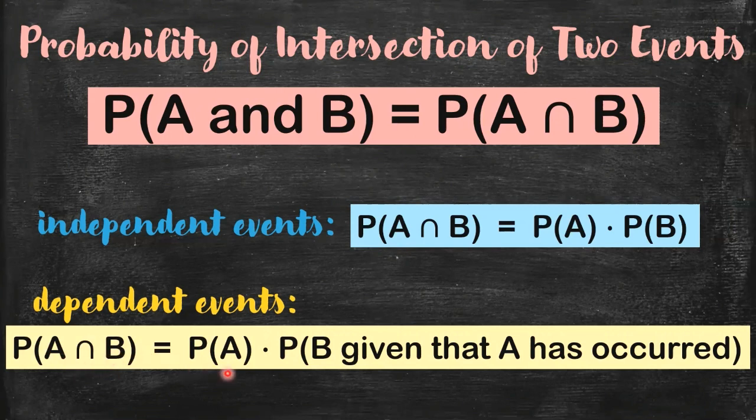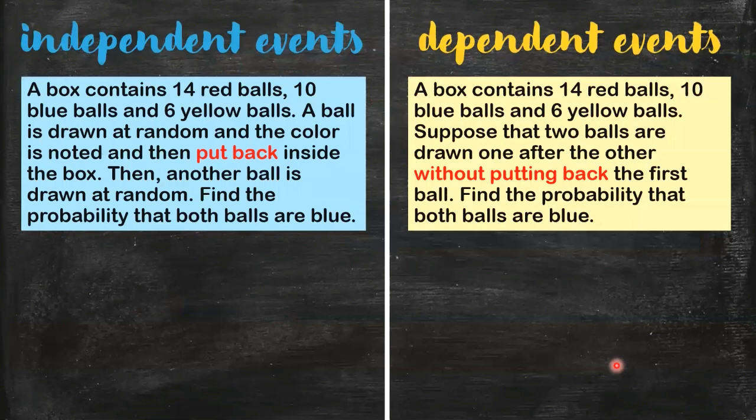This is equal to the probability of A times the probability of B given that A has occurred. Para mas makita ninyo kung paano ginagamit ang mga formulas na ito, let's go back to our two previous examples.